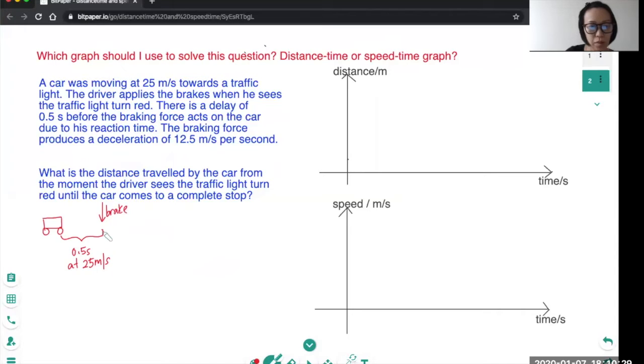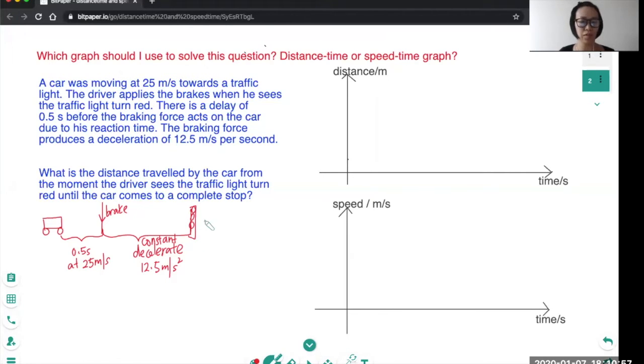Once he steps on the brakes, he will be decelerating, he would slow down. And the deceleration is given as 12.5 meters per second squared. So this is the average constant deceleration that the car is moving at, so that he can stop before the traffic light.